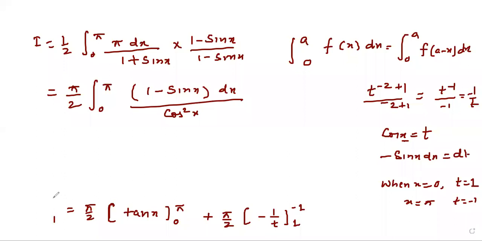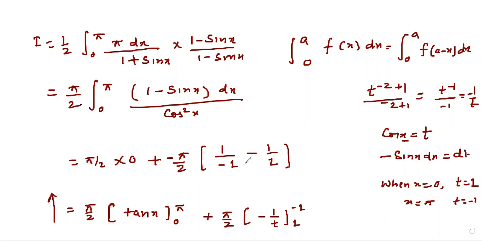It will become pi by 2 times tan pi minus tan 0, which is 0 into 0, plus pi by 2, and the minus sign we can take out, so it will become 1 upon minus 1 minus 1 upon 1. So this will give minus 2 here, and there is already a minus sign. So minus pi by 2 into minus 2 will give pi. And that is our answer.